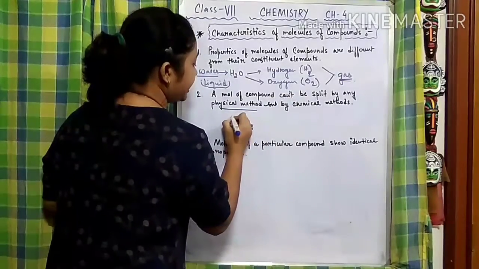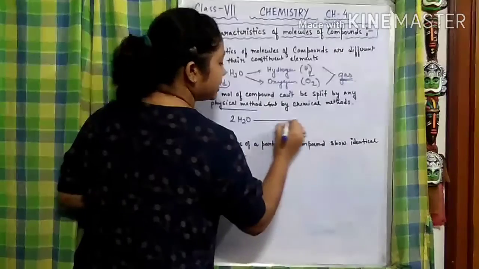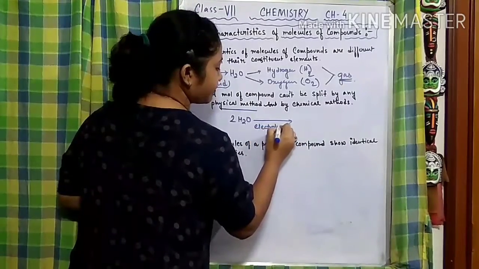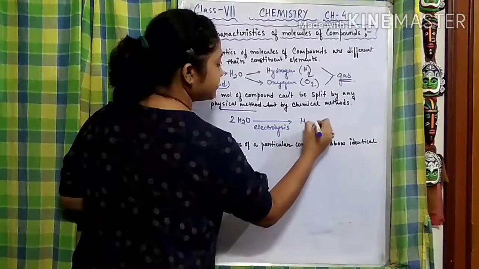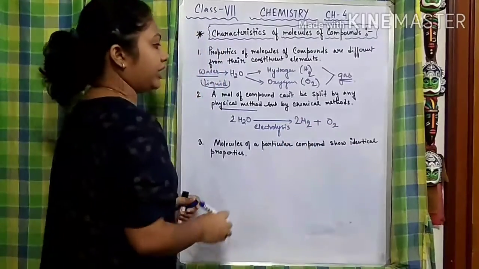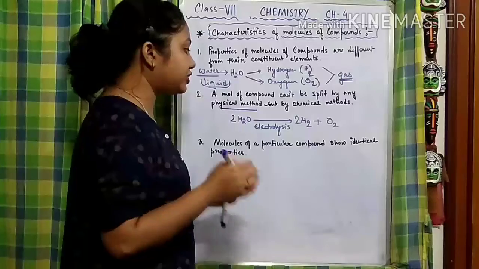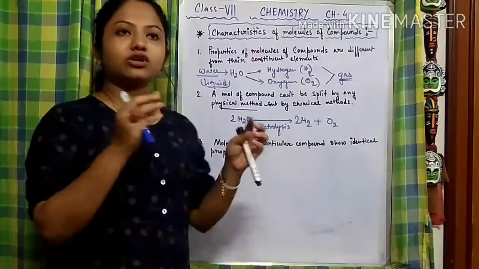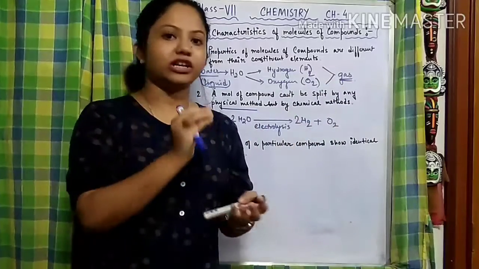For example, in case of water, we need to use a procedure called electrolysis to split it into hydrogen and oxygen. And coming to the last one, molecules of a particular compound show identical properties. Now, a molecule in water will be of water only.